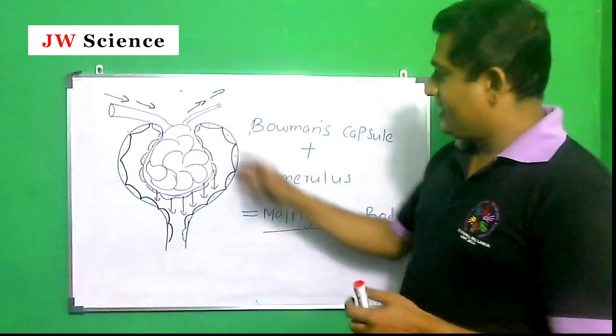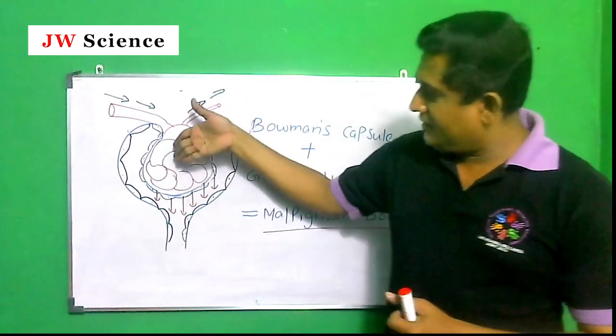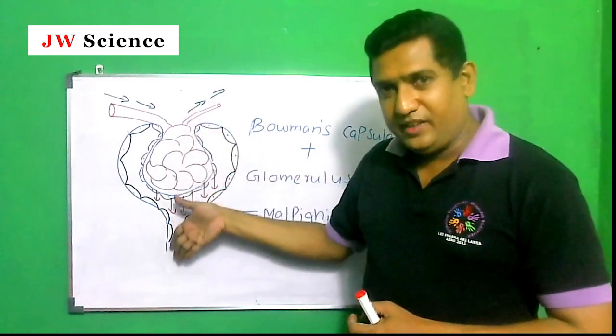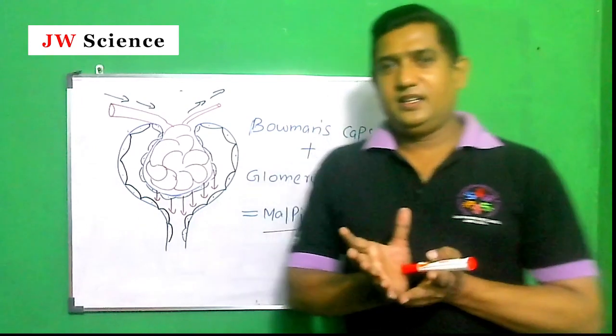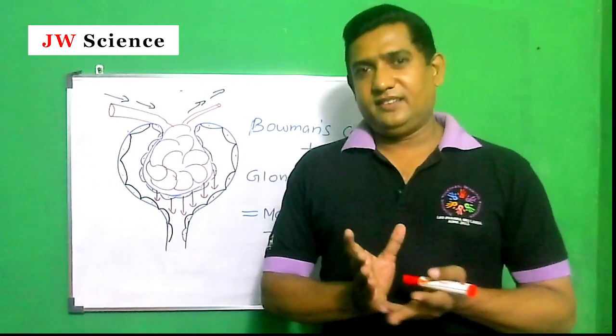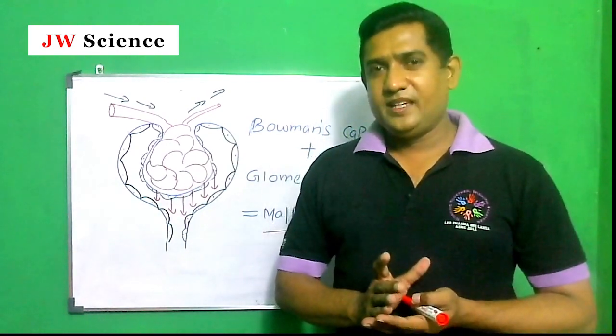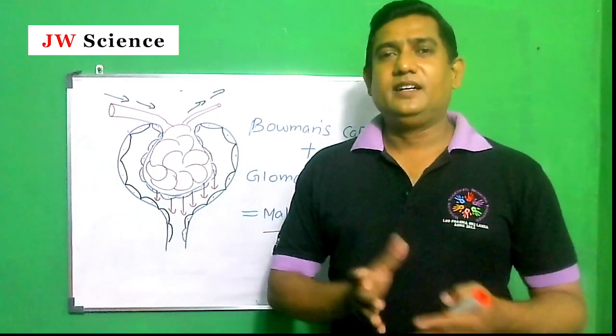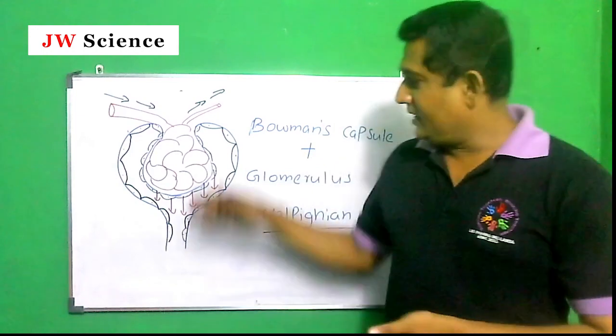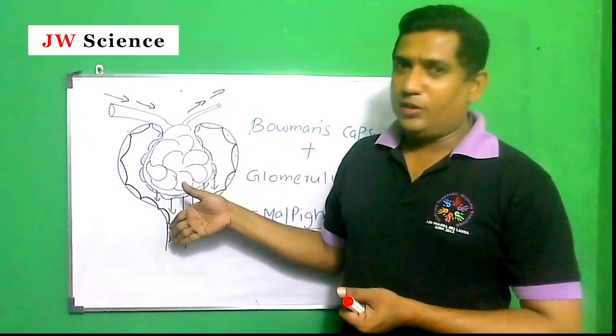Okay. Now, what happens? The blood plasma is filtered into the Bowman's capsule, but some larger substances like plasma proteins and cells like red blood cells, white blood cells, and platelets cannot be filtered into the Bowman's capsule.